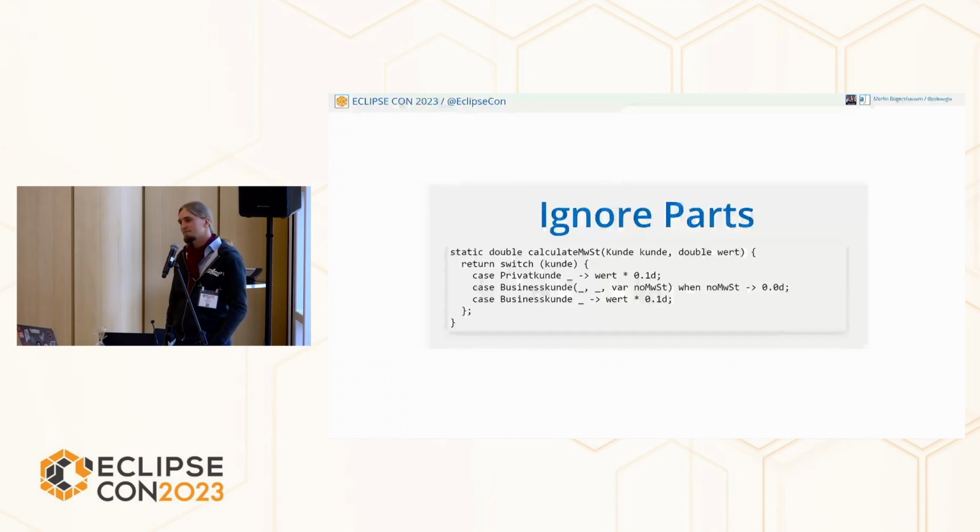I would probably put the computation into separate methods, which would render the case for conciseness a bit void. And then this code introduces a lot of coupling between the signature of business Kunde and the usage here, because if I changed the signature of the constructor, I would need to adjust all patterns, which I don't think is a great idea, so I would like to know your opinion on this.